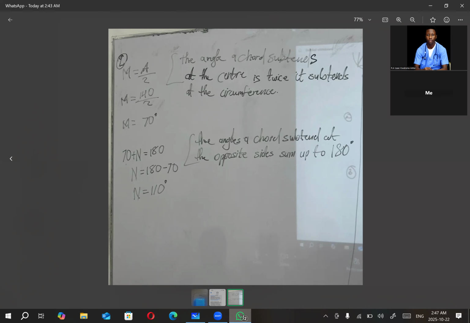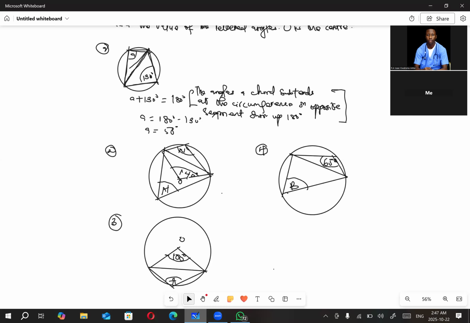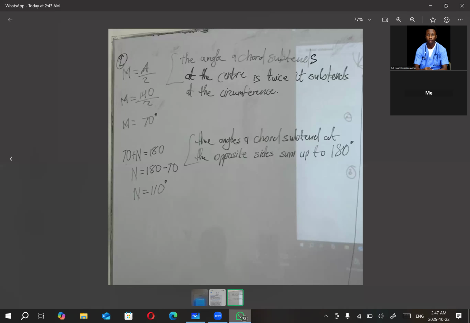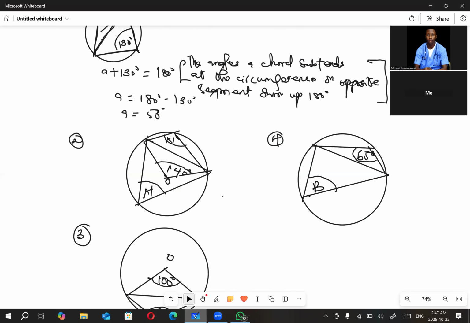M is equal to, let's see what they have there. M is equal to what? A over 2. Where is A? I'm talking to you, so you have to respond because you made these solutions.